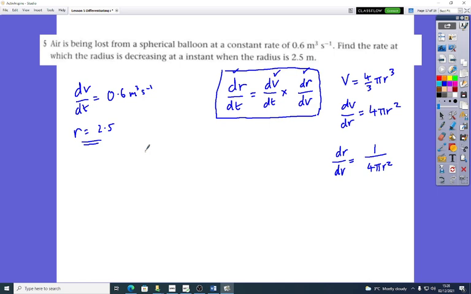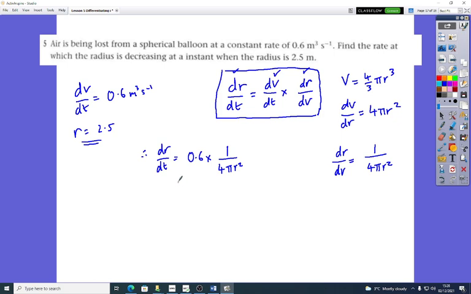So therefore, dr/dt, the rate at which the radius is decreasing, is going to be 0.6 multiplied by 1/(4 pi r squared).